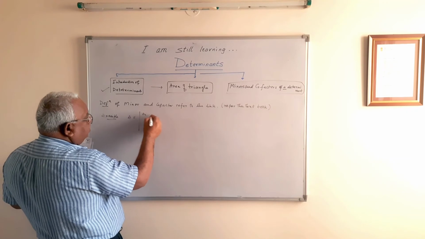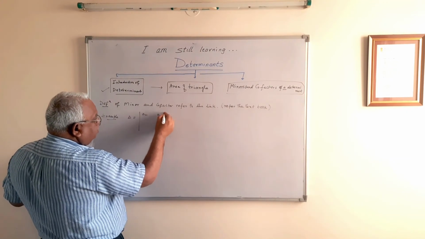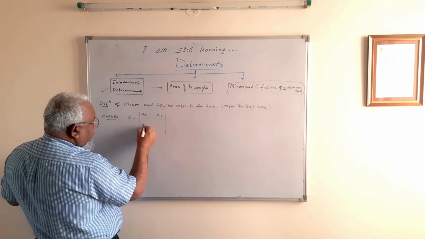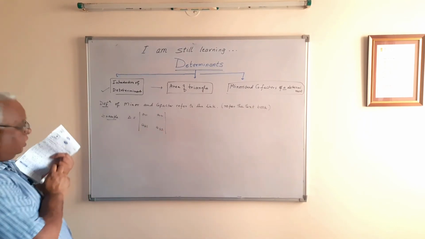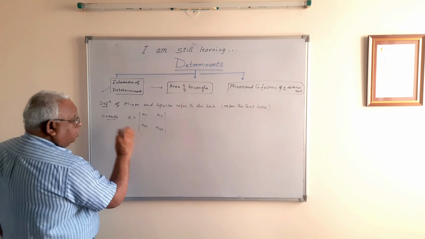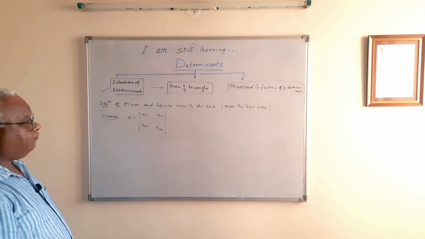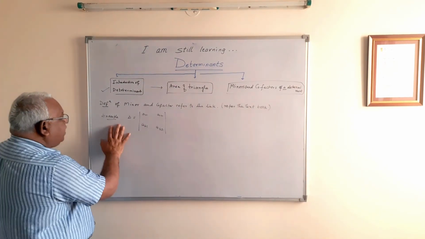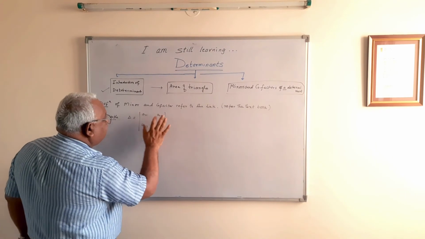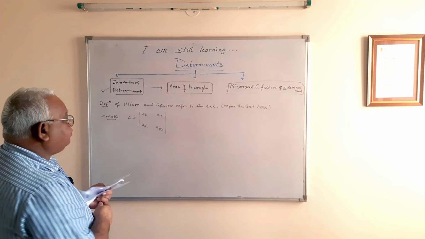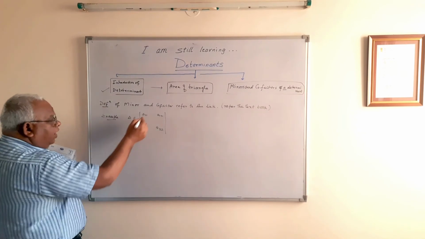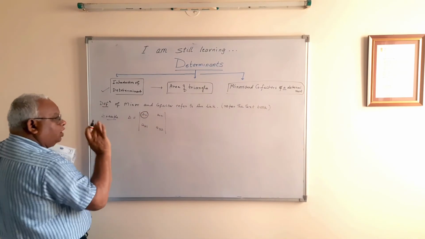This is your determinant. I am just using the normal symbol for defining the element. For defining the element, we use A11, A12, A21, A22. These are 4 elements. Every element has got minor.